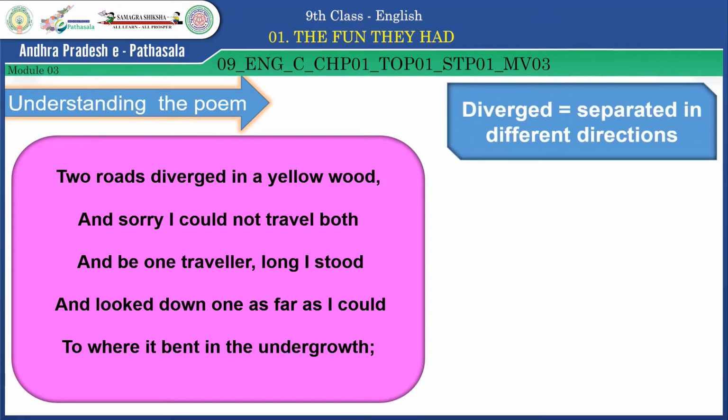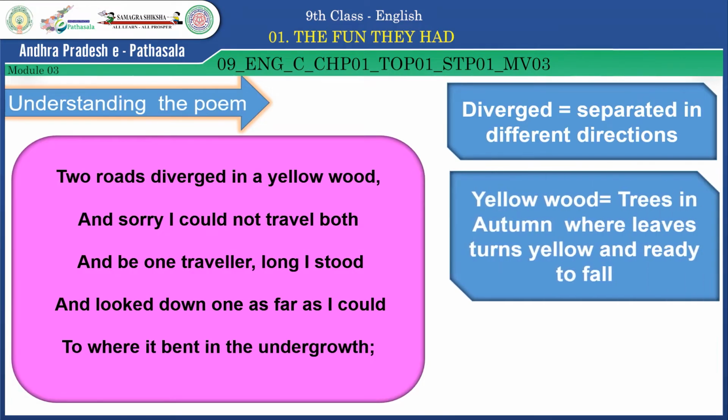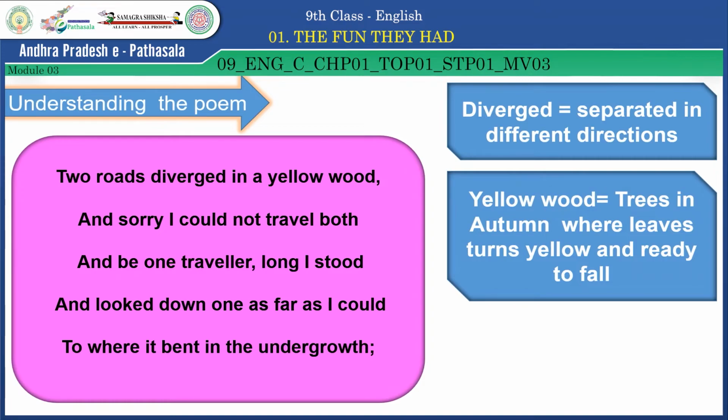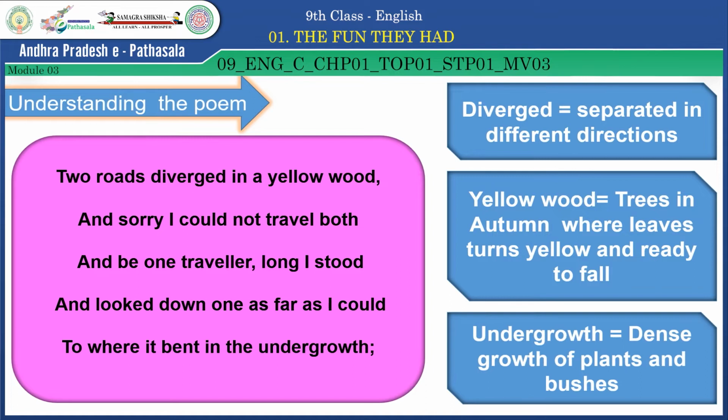Diverged means separated in different directions. Here, yellow wood refers to the trees in autumn where the leaves turn yellow and are ready to fall. And undergrowth means the dense growth of plants and bushes.